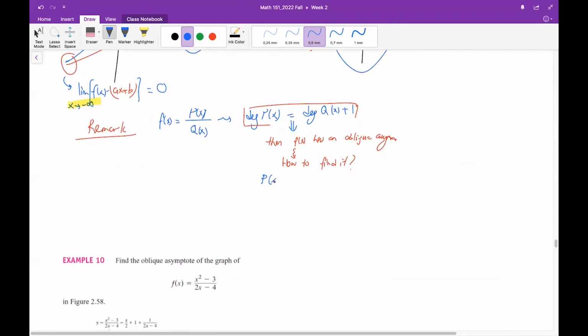You will do this polynomial division, you know from high school how you do such divisions between polynomials. So you will complete this division algorithm. You will find a remainder here, and this part will give you your oblique asymptote equation, okay? Whatever you see here is the oblique asymptote for your function.